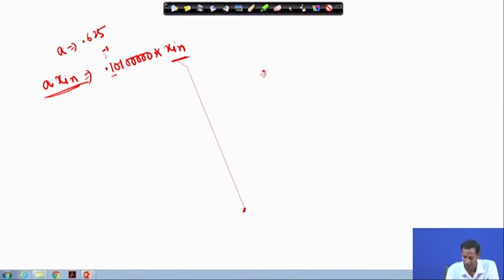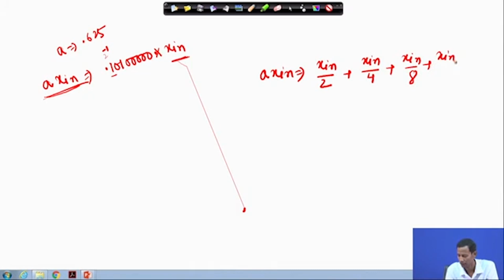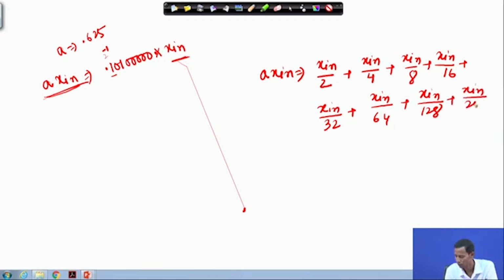A into x in can be written as x in by 2 plus x in by 4, x in by 8, x in by 16 plus x in by 32 plus x in by 64 plus x in by 128, and x in by 256.